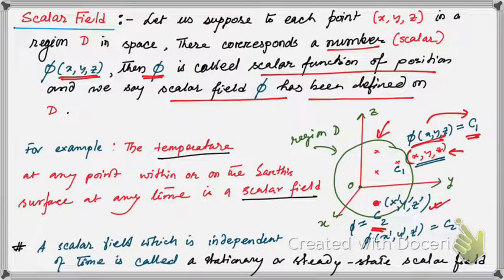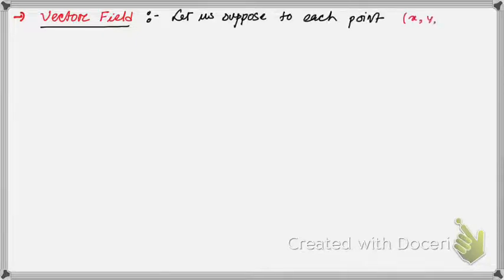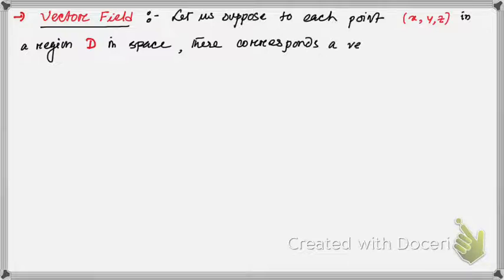Now let us discuss vector field. What do we mean by vector field? Similarly here, suppose to each point xyz in a region D in space there corresponds a vector quantity v(x,y,z).